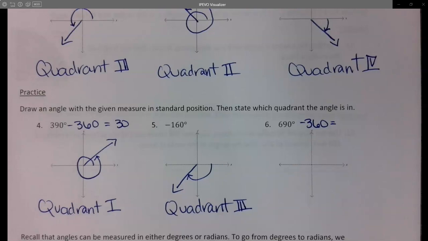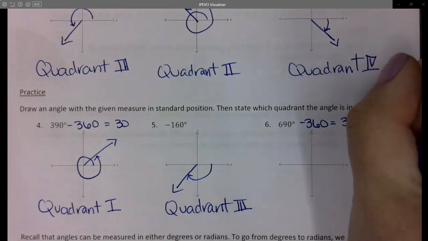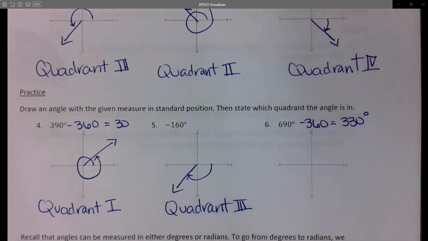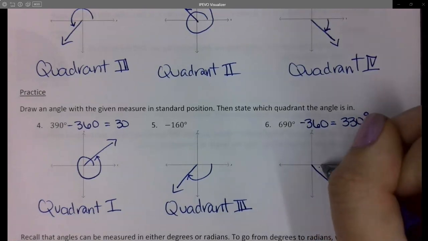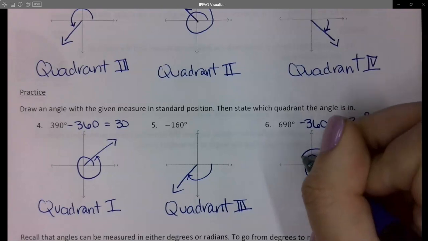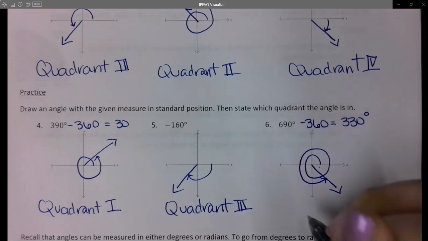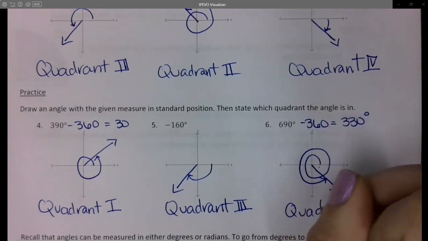This will give me 330. So that is between 270 and 360. Since I subtracted, it goes around more than once. And this gives me quadrant 4.